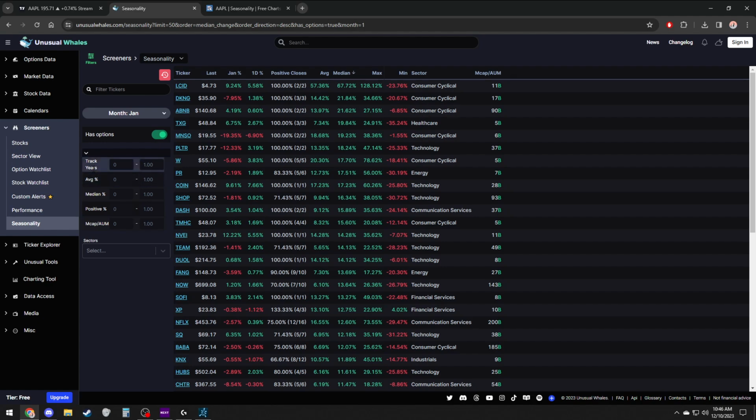So you can have like a 10% gain in 1 month when typically the stock really gains like 4%. That's why median percentage is better to use. Then you can do the percentage positive months, right? So like you could see here, Lucid, LCID out of the past 2 years, which is the only amount of data we have for Lucid stock. You can see 100% of the time it's gone up in the month of January.